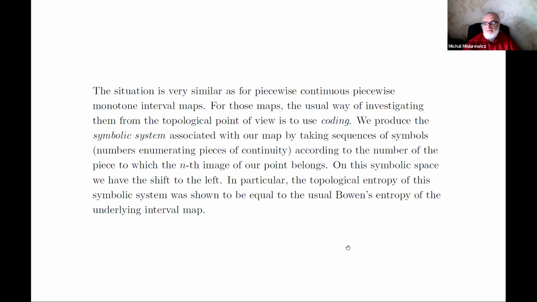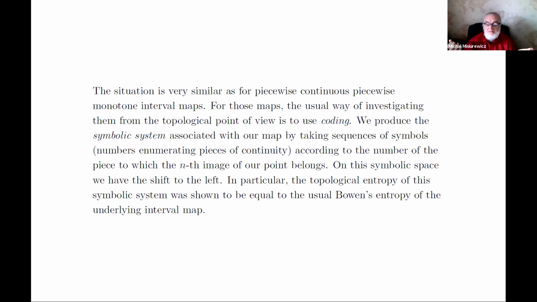Okay, and here the situation, where we have only a piecewise continuous map, is similar to piecewise continuous, piecewise monotone interval maps, or circle maps like we heard this morning. Or yesterday also, there were those Lorenz maps which were piecewise continuous. And so what people usually do then, as I said already, is use some coding to produce a symbolic system.